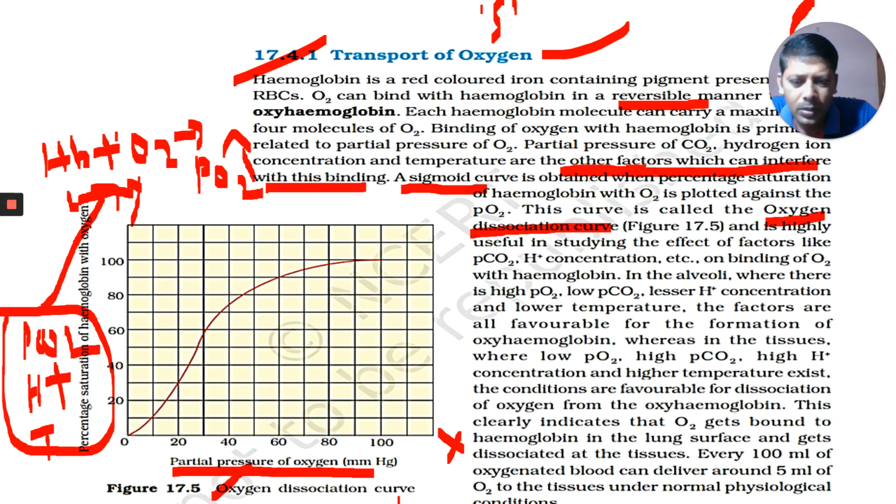It is called the oxygen dissociation curve and is highly useful. What can we learn from this graph? It is highly useful in studying the effects of factors like PCO2 and H plus concentration on the binding of oxygen with hemoglobin. When PCO2 and H plus ions are very high, the binding does not occur.